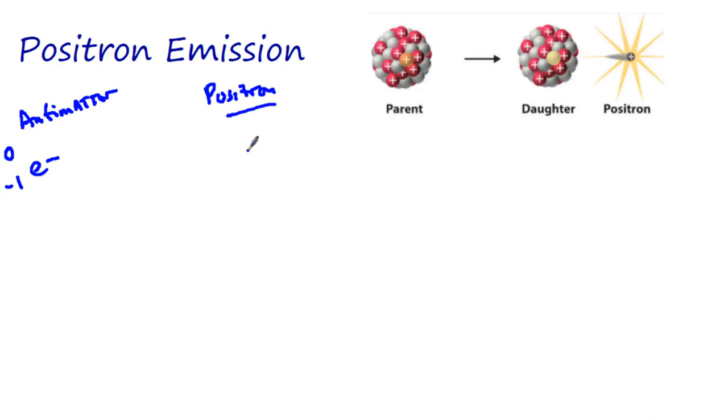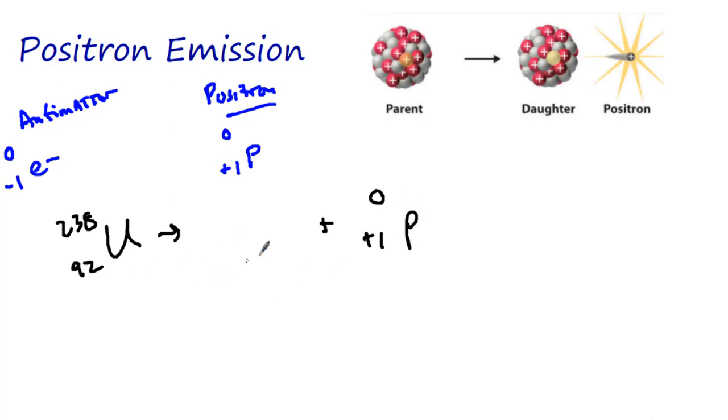We put a little p for positron, and it's positive 1 and 0 and 0. And so we can have positron emission, which is no more difficult. 238, 92, let me show you uranium, and let's say it emits a positron here. What plus 1 equals 92? That's 91. We still stay the same for 238, and we look on our periodic table for element number 91, and it's Pa, protactinium.